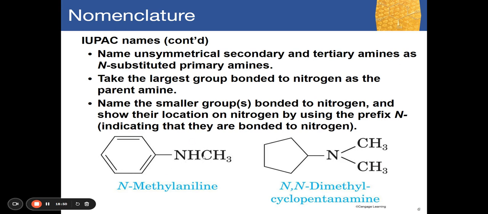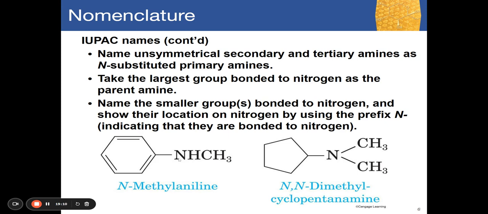Ma'am, bakit NH2 sa kabila and then dito NH lang? Is it still considered as an aniline? Yes, it's still considered as an aniline. We just remove a hydrogen, and if we can remember, sila lagi yung nag-a-adjust, sila lagi yung nare-remove. And when they are removed, the name is still retained.